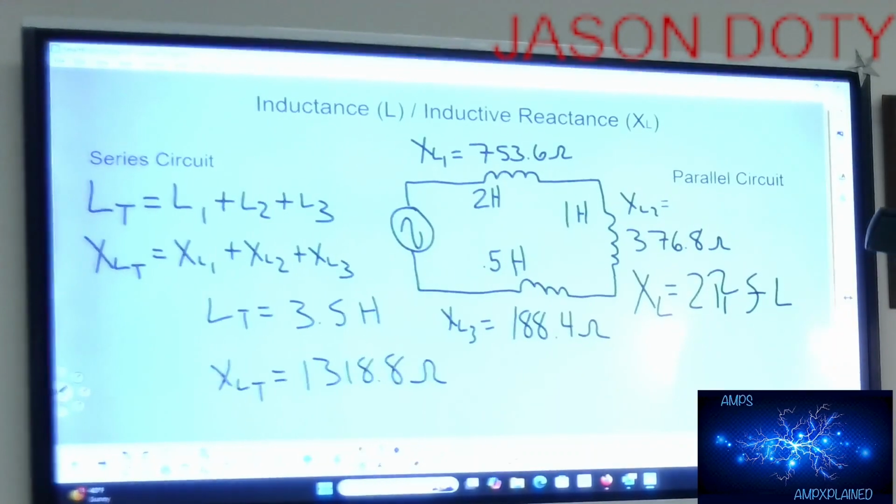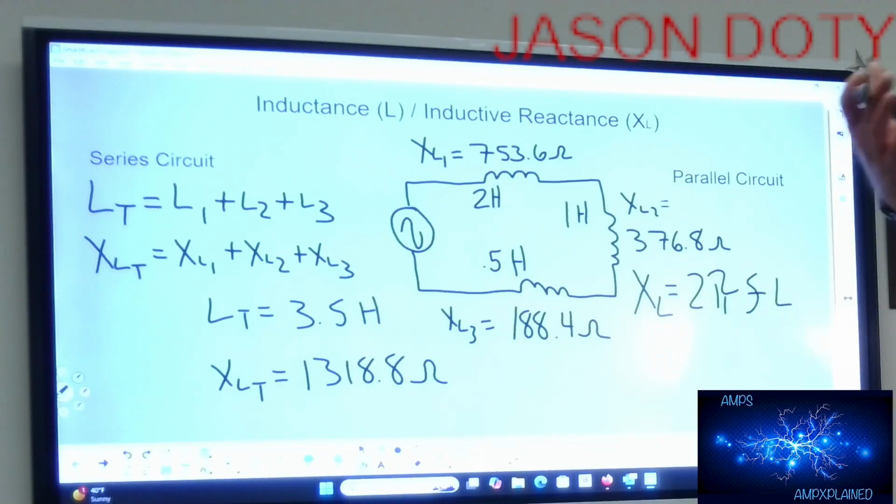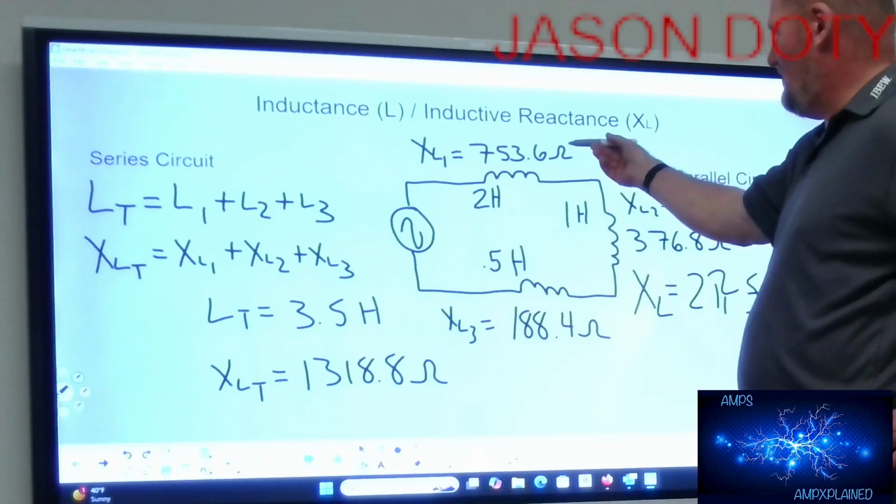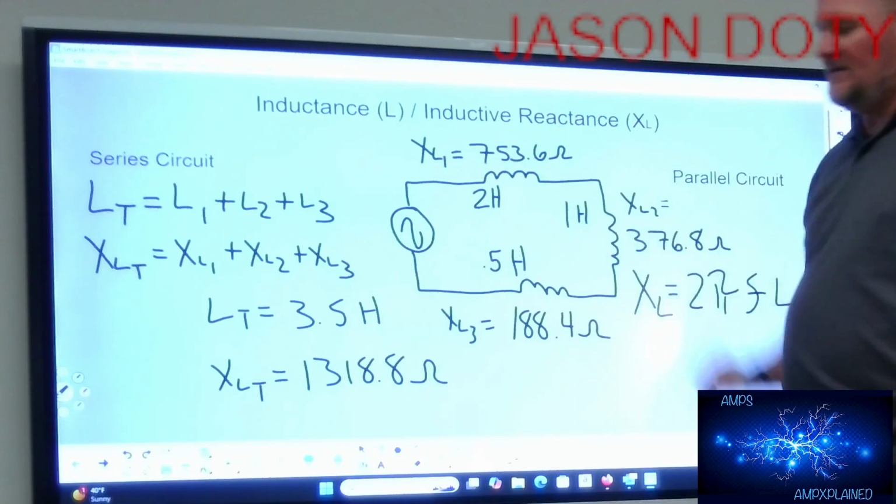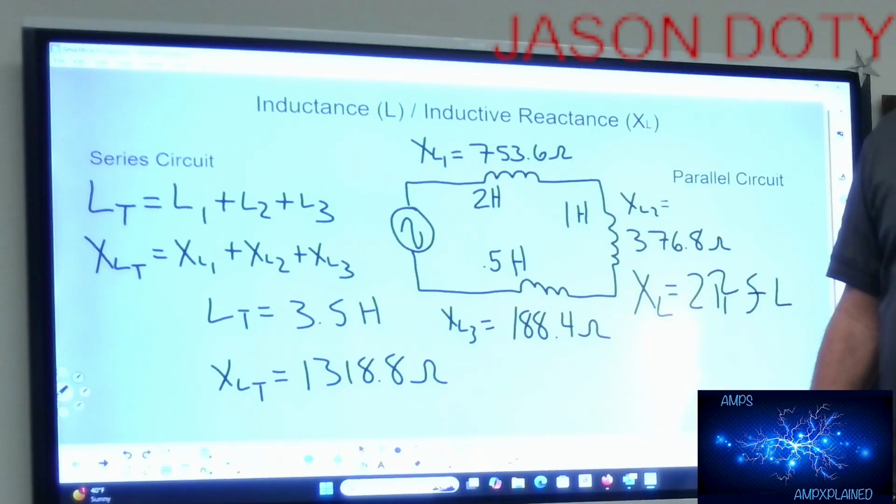And you might be sitting there going, well, I don't know what the frequency of this circuit is. But we can find out because we have the ohmic value and we have the Henries.